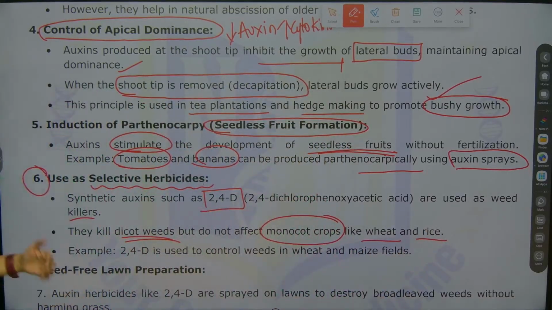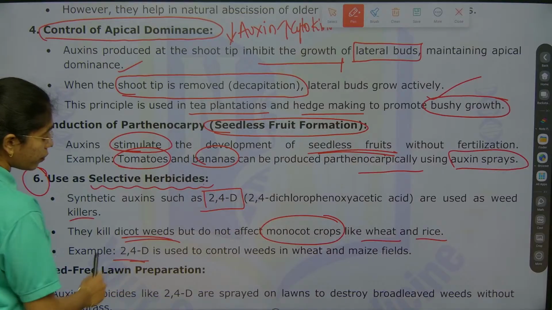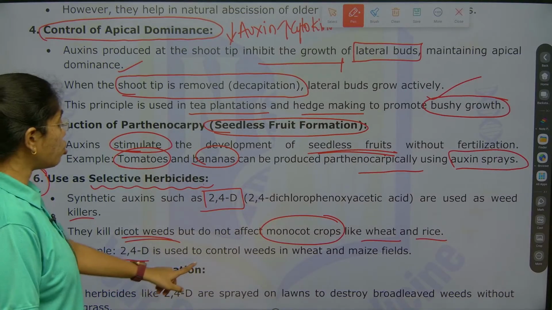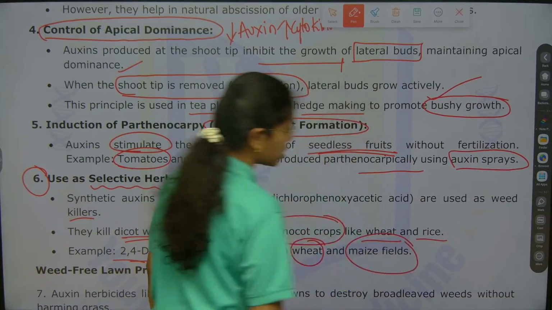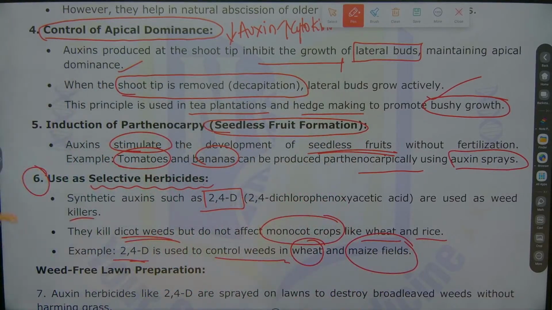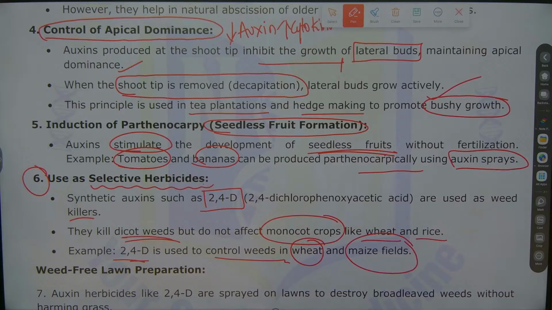For example, 2,4-dichlorophenoxyacetic acid is used to control weeds in wheat and maize fields. Clear, right? Clear till here how auxins are used as selective herbicides?